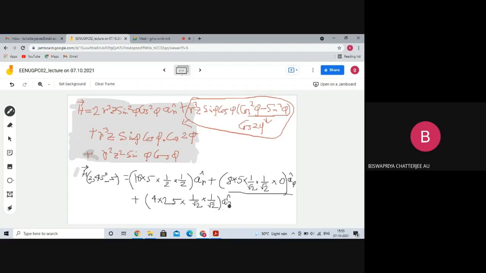So the final answer: H at (2, 45 degree, 5) is equal to 16 into 5, so it will be 20 AR cap, this is totally 0, and for this term it will be 50 AZ cap.